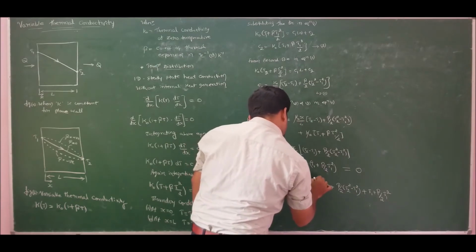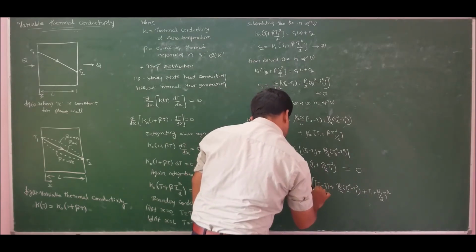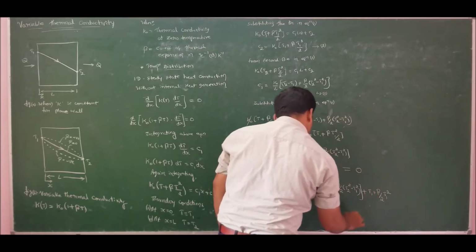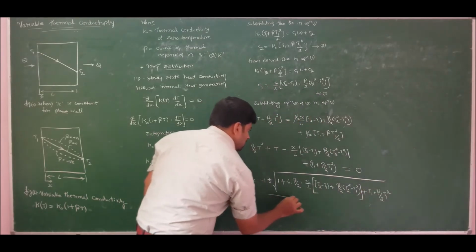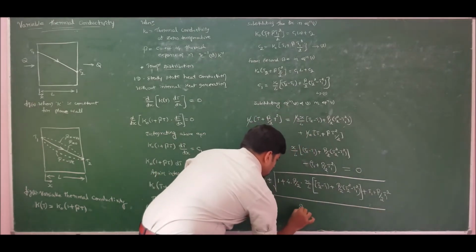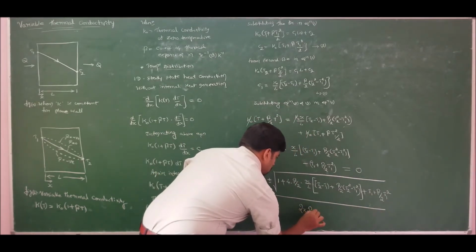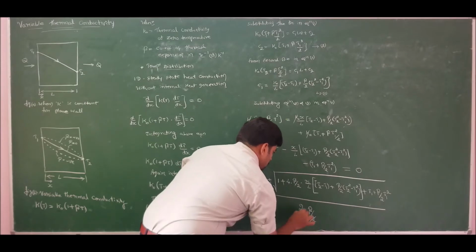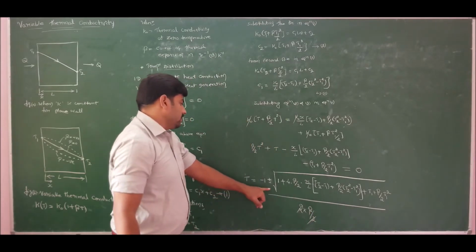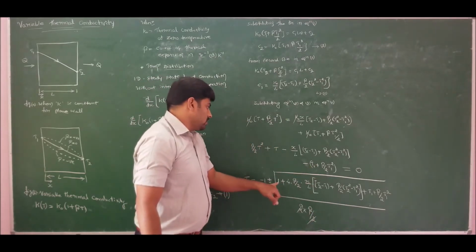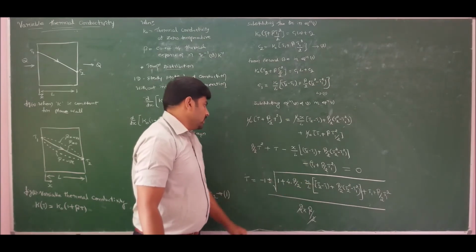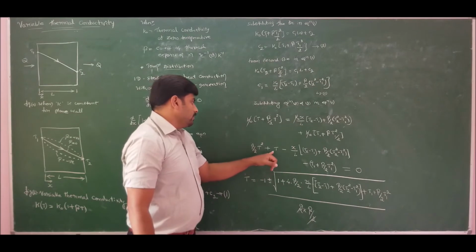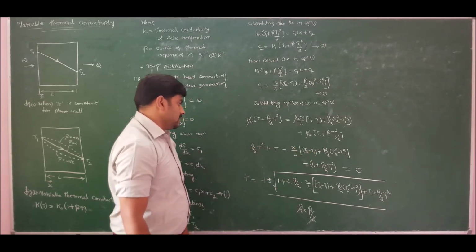This x by L is a multiplication factor for only this term. So this is under the root divided by 2a, 2 times beta by 2, minus b plus or minus square root of b square minus 4ac by 2a. A value is beta by 2, b value is 1, and this is the value of c.